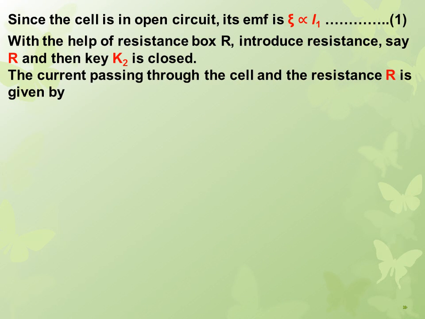Since the cell is in open circuit, its EMF Psi is proportional to L1. With the help of the resistance box, an external resistance, say R, is introduced and K2 is closed. Now the current passing through the cell and the resistance R is given by I is equal to Psi divided by R plus r.